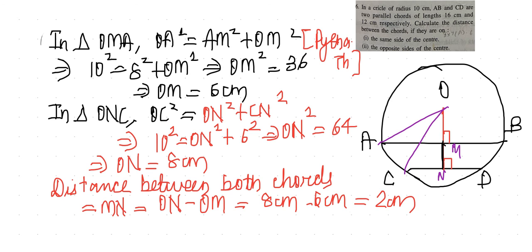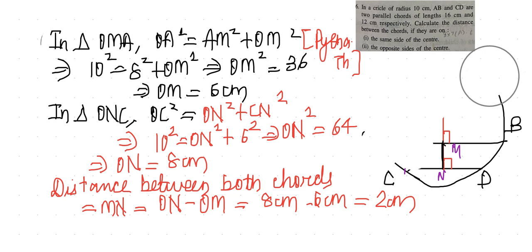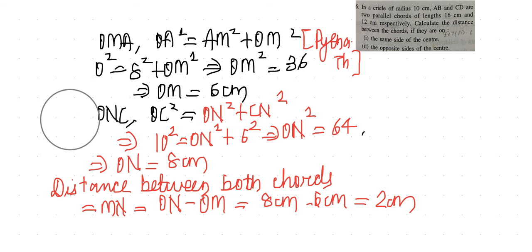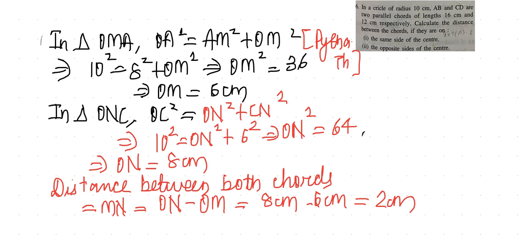So this is just the one case, children, when both the chords are on the same side of the center. Now if you look into the second sub question, I'll just show you the figure, and this second sub question also you can be doing as homework. So for the second sub question, you will be taking a circle like this.